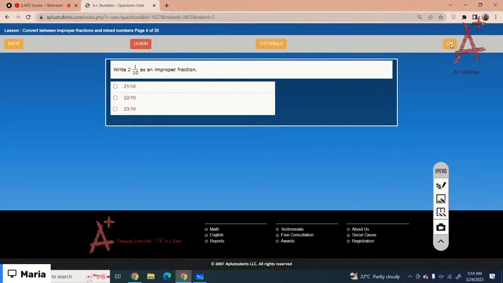Write 2 whole 1 over 10 as an improper fraction. So which is the correct option? So you have to look at the 2 whole 1 over 10.